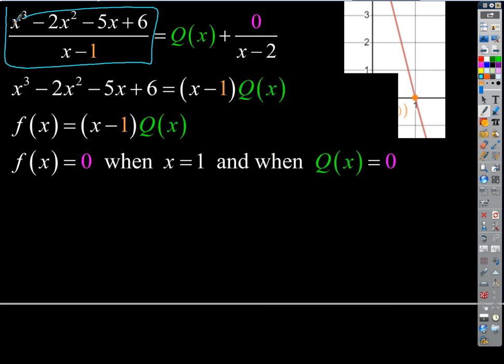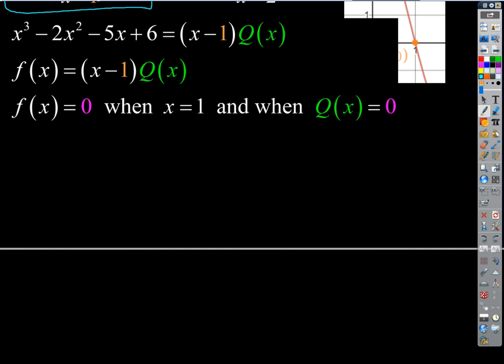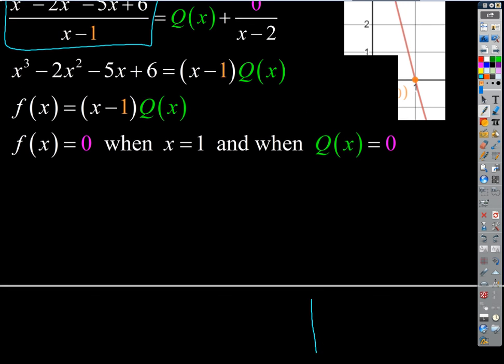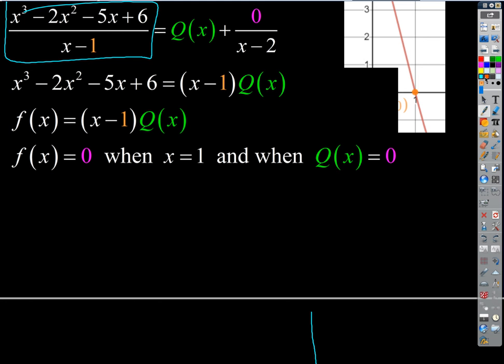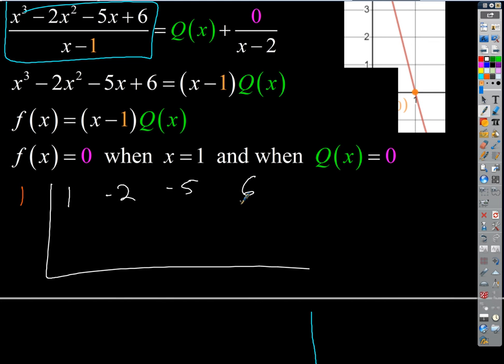If I divide that out synthetically, what goes where? 1 on the left. So 1 goes out front, inside the box, okay, and then let's get rid of that. 0.